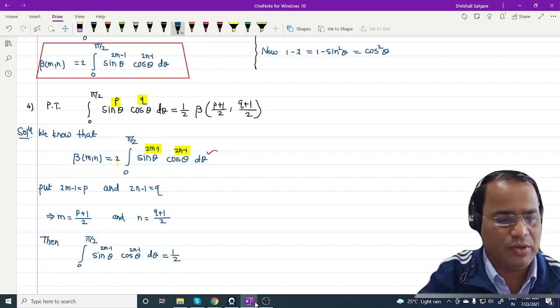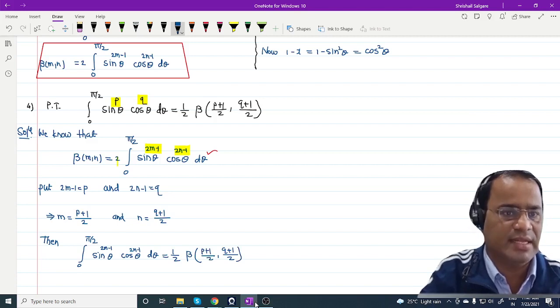This 1 by 2 I will adjust to the left side, and 1 by 2 into beta of (p plus 1) divided by 2, (q plus 1) divided by 2, and I think that is the required answer.